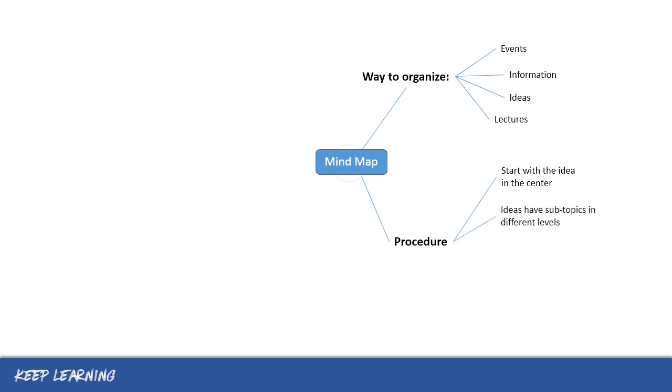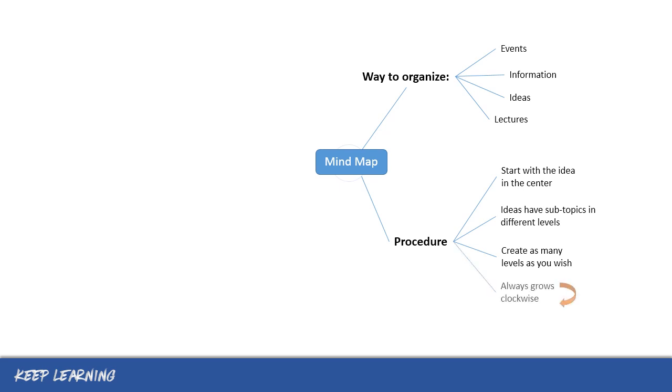From there, you can have ideas, you can have subtopics in different levels. You can create subtopics, branches, and you can create different levels. Every subtopic can open up in different sub-levels. You can create as many levels as you wish.